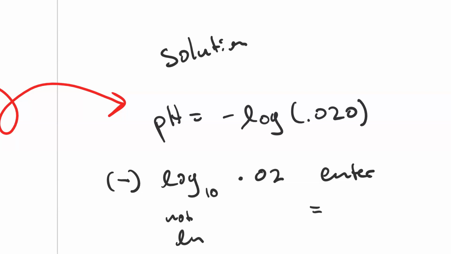And I get 1.698. So I'm going to call it 1.70. Another thing, our concentration had 2 sig figs, and in pH only the numbers to the right of the decimal are significant.